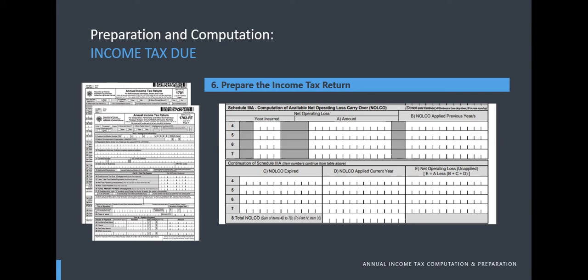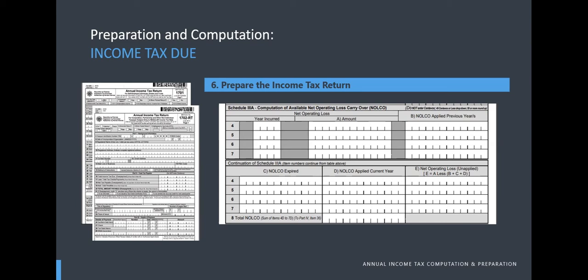So under Schedule 3A, the year that it was incurred must be noted, the amount, the application whenever there is an applied NOLCO, the amount of NOLCO expired, how much applied this year.